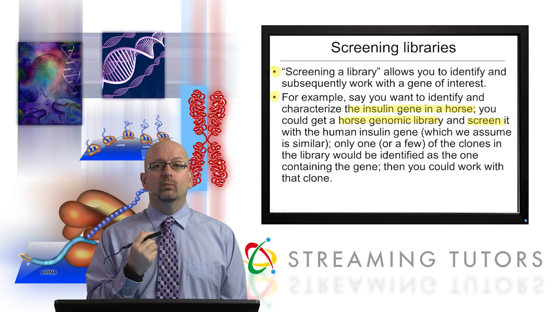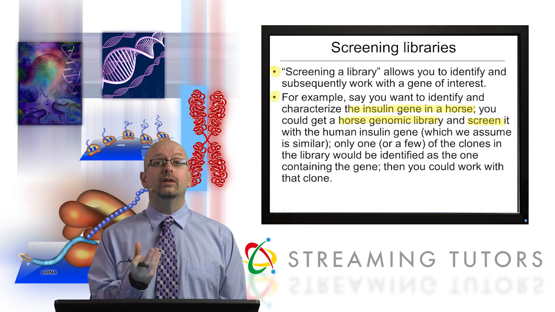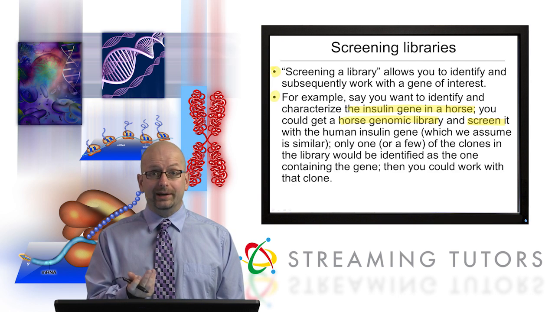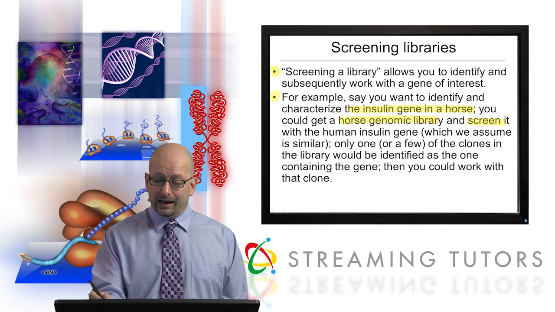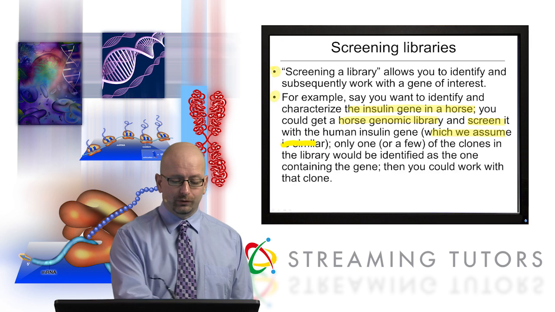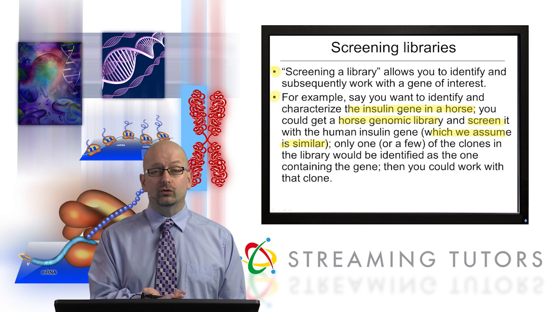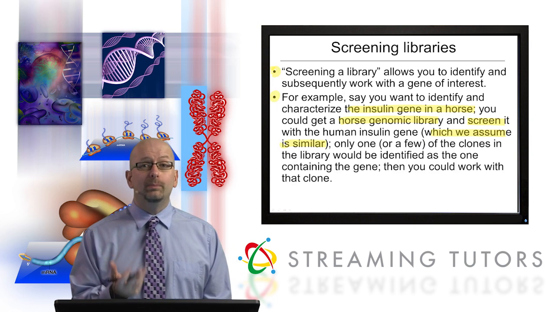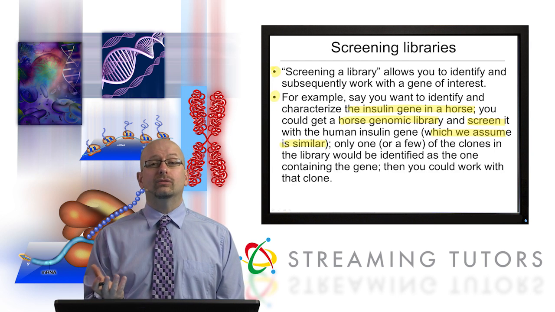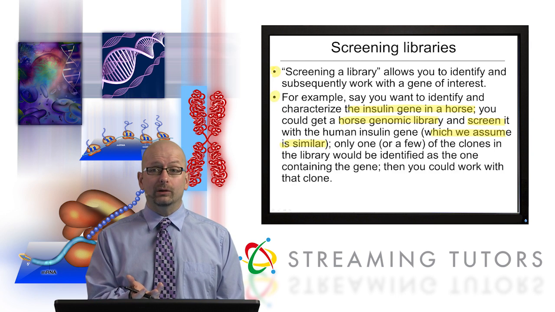Now, what you would do is use the human insulin gene, which we have already characterized, right? And we assume, and it's a good assumption, that human insulin, given that it has the same function in horses as it does in humans, would be a gene that's not identical, but is going to be similar.